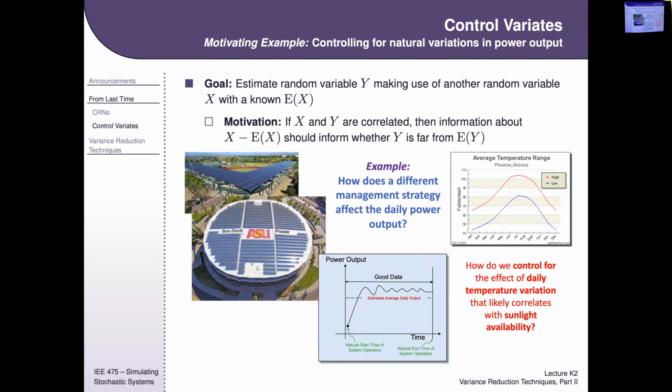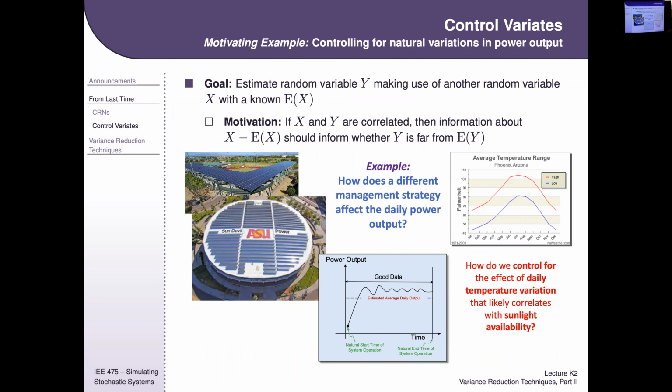And so you might imagine that if I'm measuring in a power plant, I might be measuring the power output. And I know that temperature is correlated to sunlight. And so if I know temperature data across a whole year, then I can use the temperature data as a proxy for sunlight.